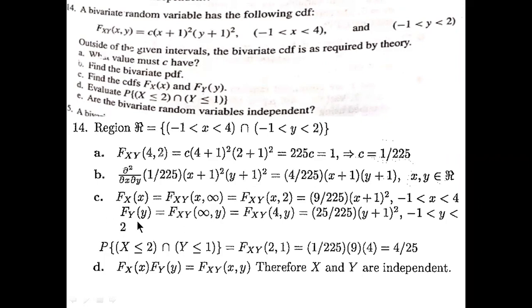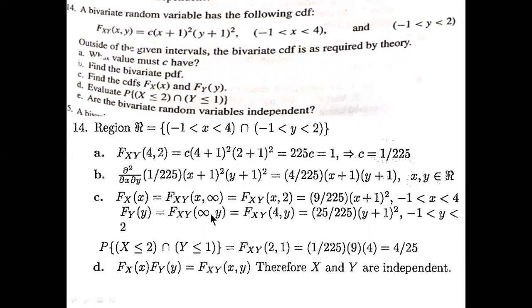Then f_X(x) and f_Y(y) is what we need to find. f_X(x) is equal to F(x, infinity), but we should not take infinity because the maximum value of y is from -1 to 2. Therefore, we will take 2 here. So we'll get 9 by 225 multiplied by (x plus 1) square, for -1 less than x less than 4.